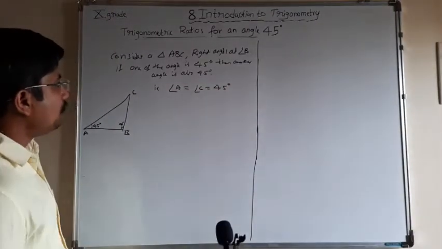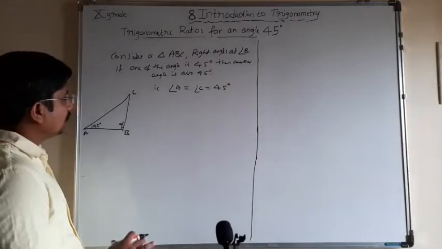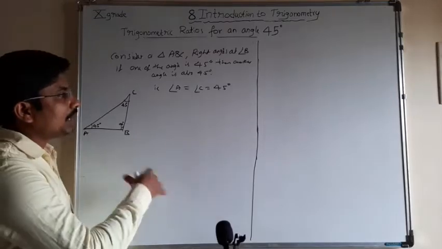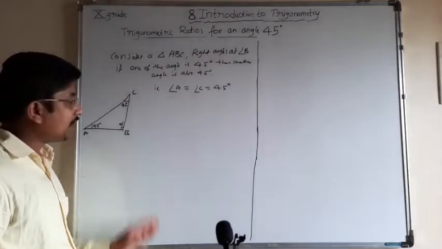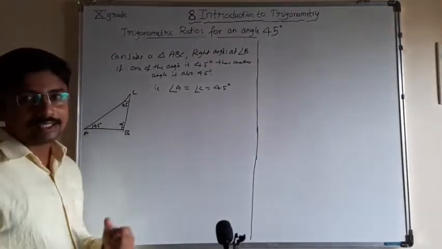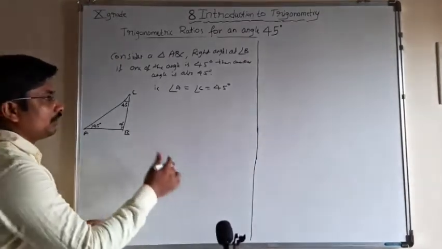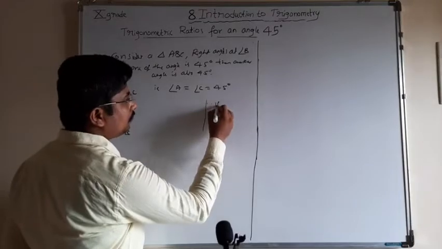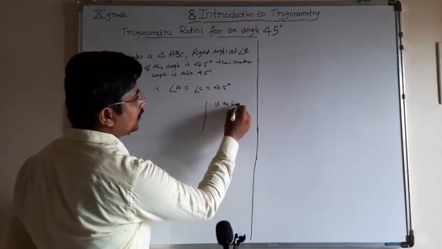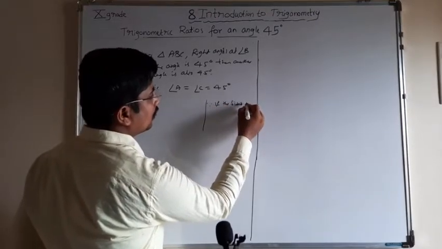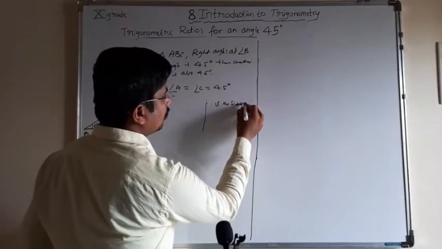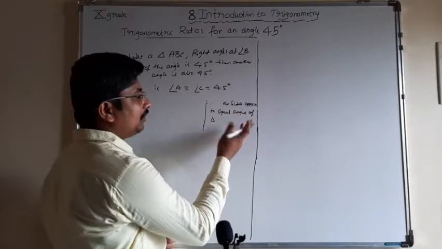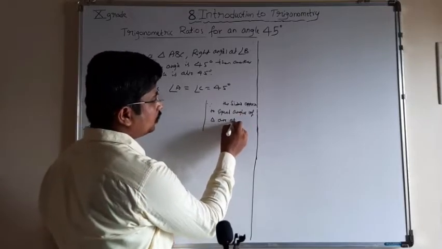If in a triangle two angles are equal, which type of triangle do we call that? We call it an isosceles triangle. You already learnt in 9th standard that the sides opposite to equal angles of a triangle are also equal.